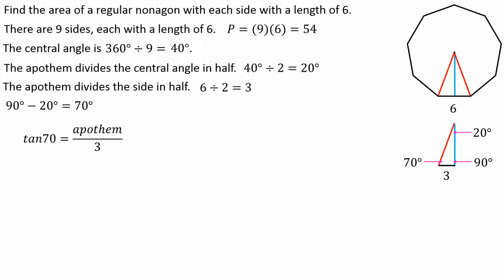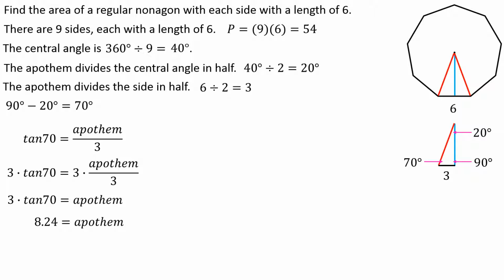So I know that the tangent of 70, tangent is opposite over adjacent. Opposite of that 70 degrees, of course, is the apothem. The leg that's adjacent is 3. Multiply both sides by 3. Grab a calculator, and I now know the apothem is about 8.24.